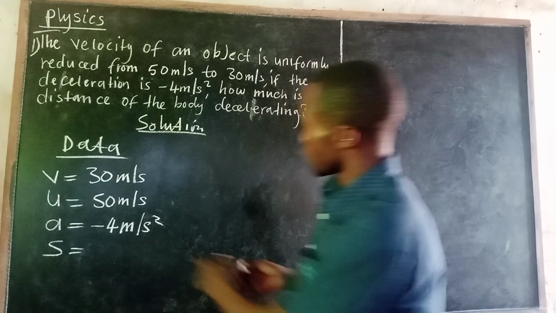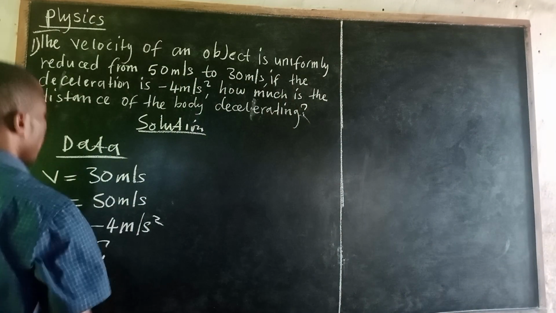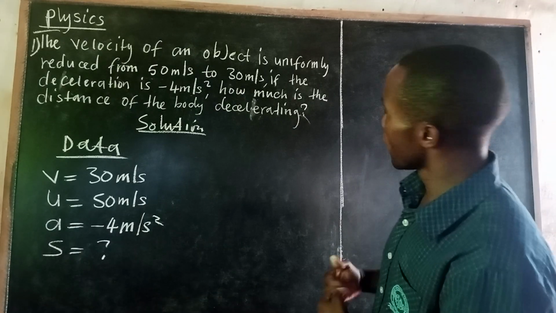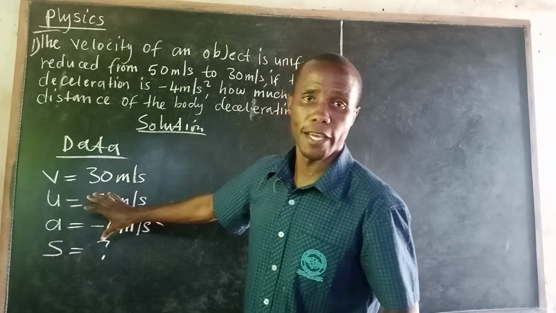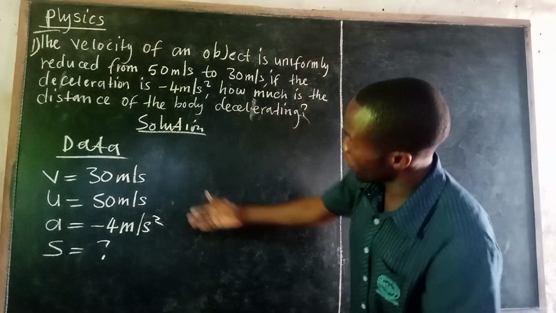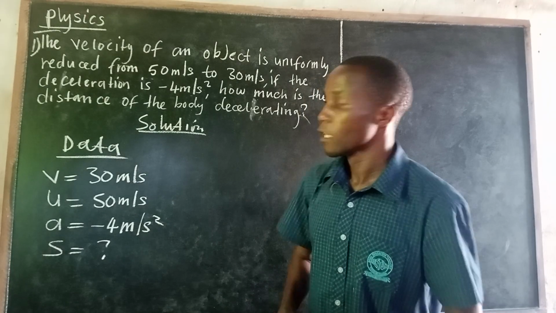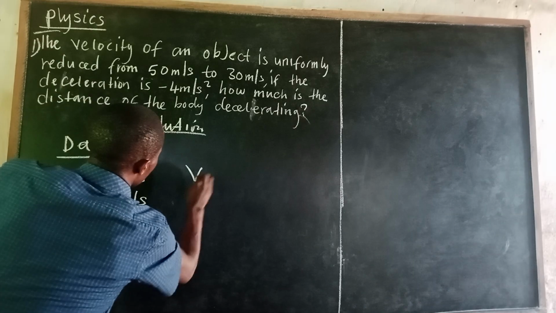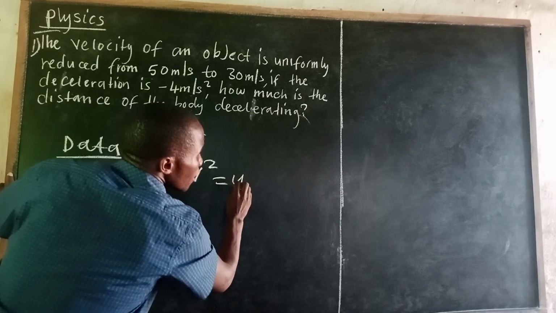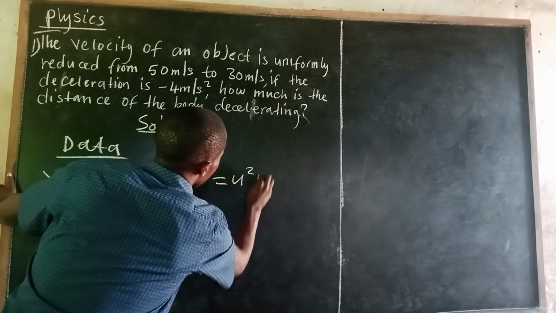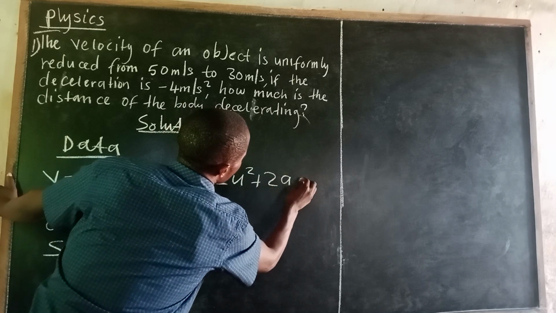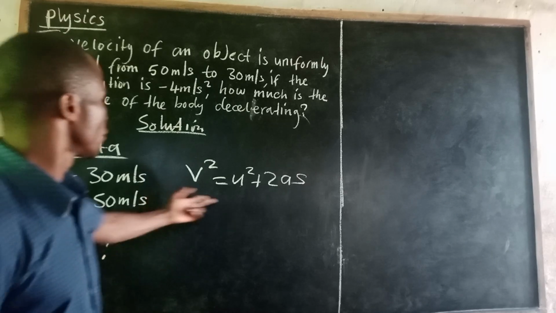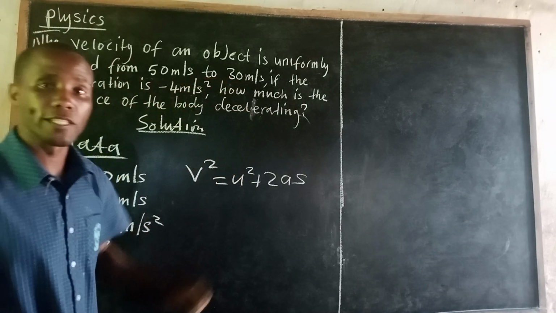Looking at the data we have corrected, which formula is suitable? We don't have time here. So the suitable formula is: final velocity squared equals initial velocity squared plus 2 times acceleration times distance. We can use it because there is no time in the statement given.